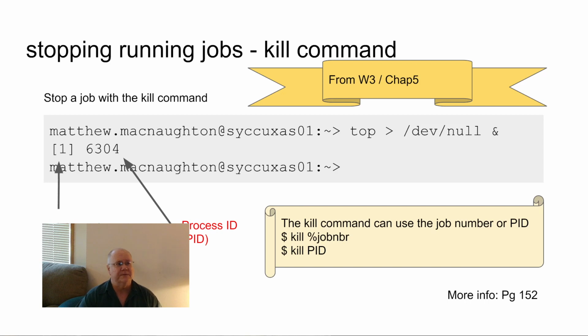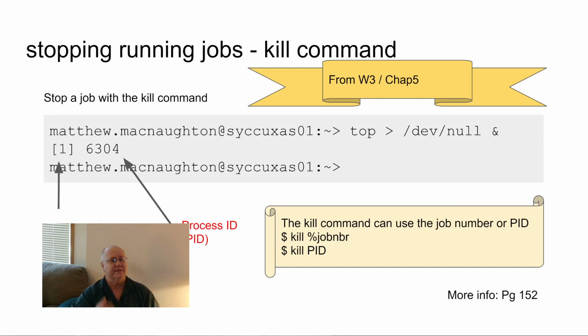So I have a process out there in the system being managed by the scheduler, and it's maybe running, maybe not. It has a state, and it's part of a job. So I want to kill the job, so I'll use the kill command. It has a couple of syntaxes, shown here in this little tan box: the kill command can use the job number or the PID.